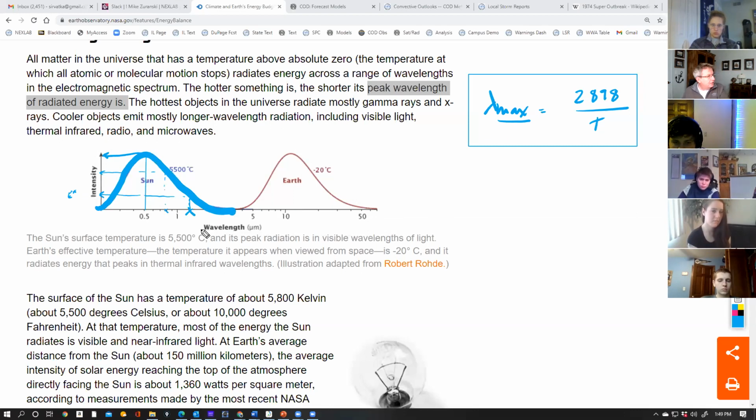Is that good? What is this graph called? What is this thing? It's not a wavelength. It's just a picture. But what do we call it? There's two words that I use for that. I could call it a curve.